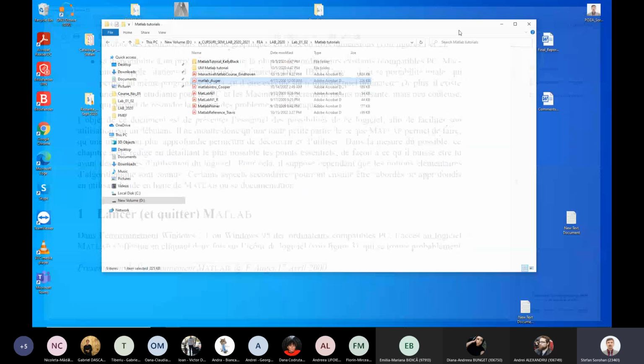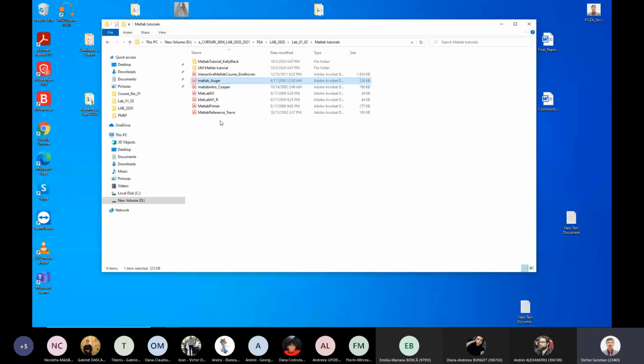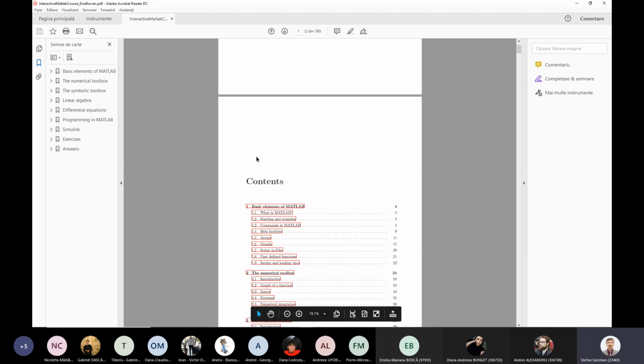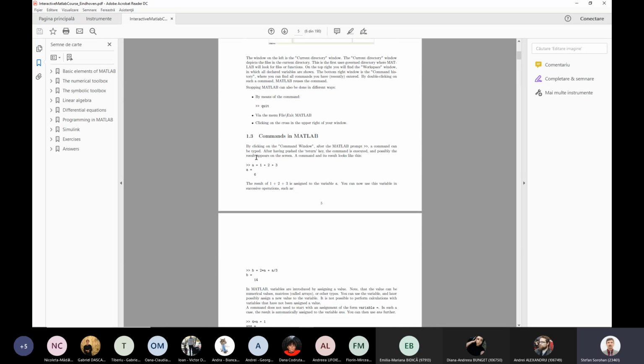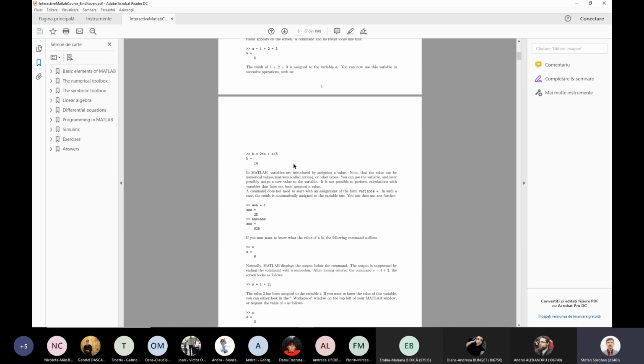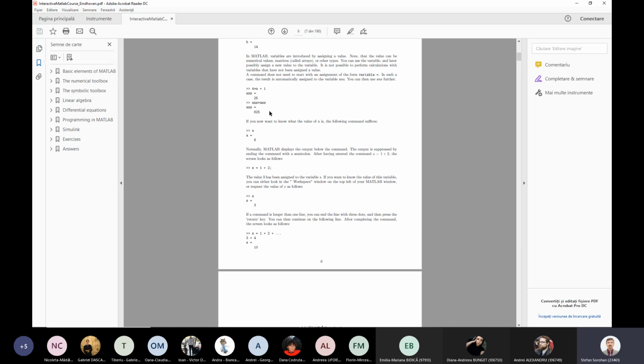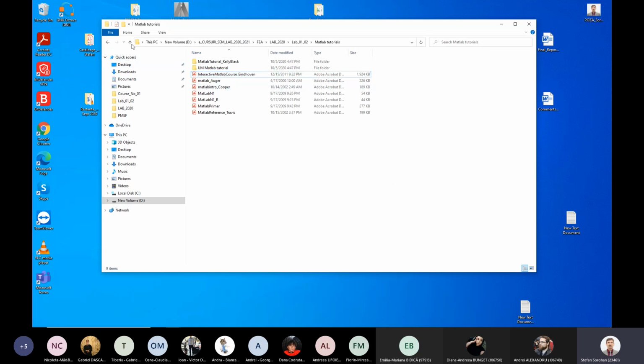They were collected by Professor Radesh. This is exactly for MATLAB, but Octave is very similar.